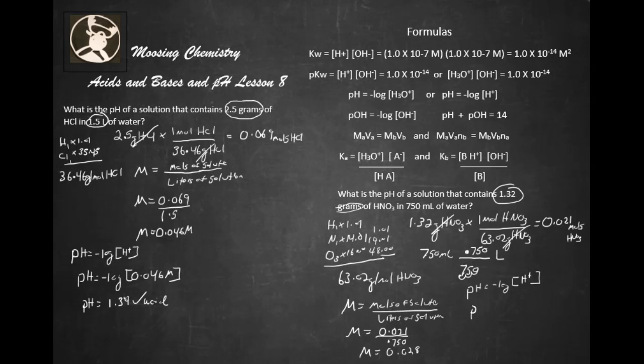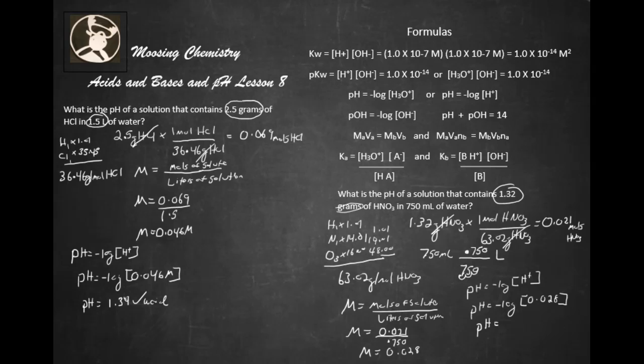Now I just go pH equals the negative log of my H ions. So pH equals negative log of 0.028, and I'm just going to drop the M because you don't really need it.